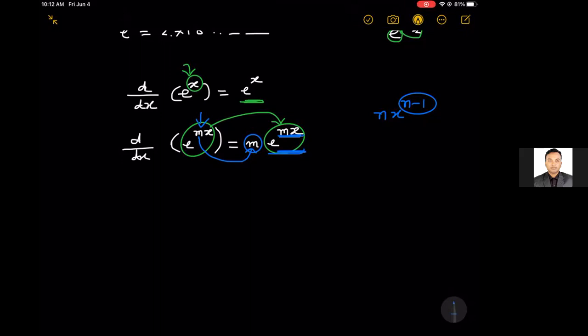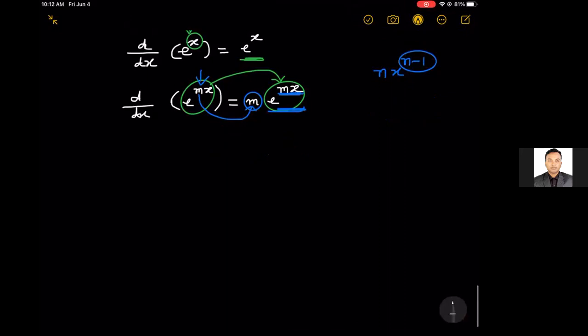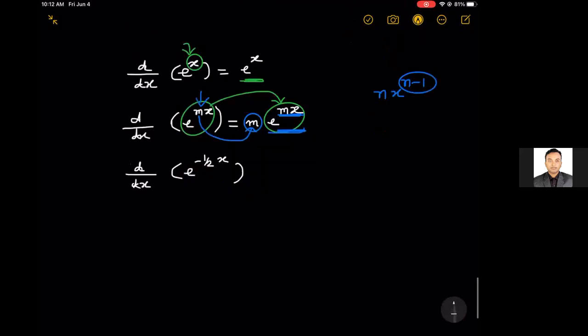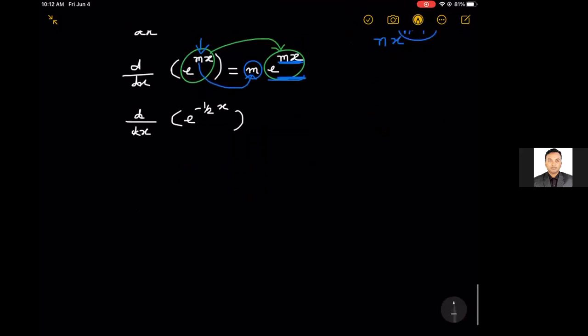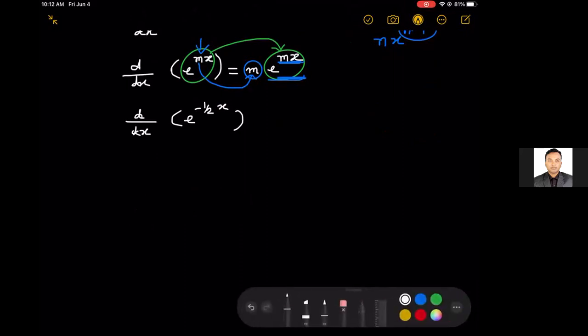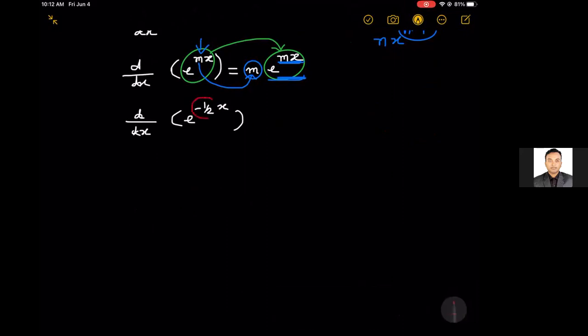Let's see one example of it. d/dx of e to the, let's try with that example, we had -½ x. So using that formula, we can straight away say my m is -½ here. This is my m, and I know the m will come in front.